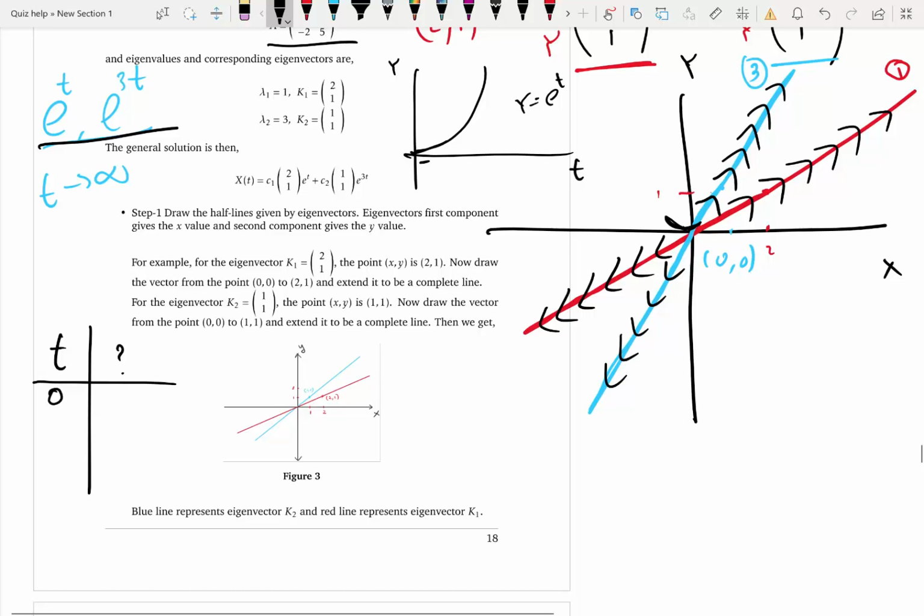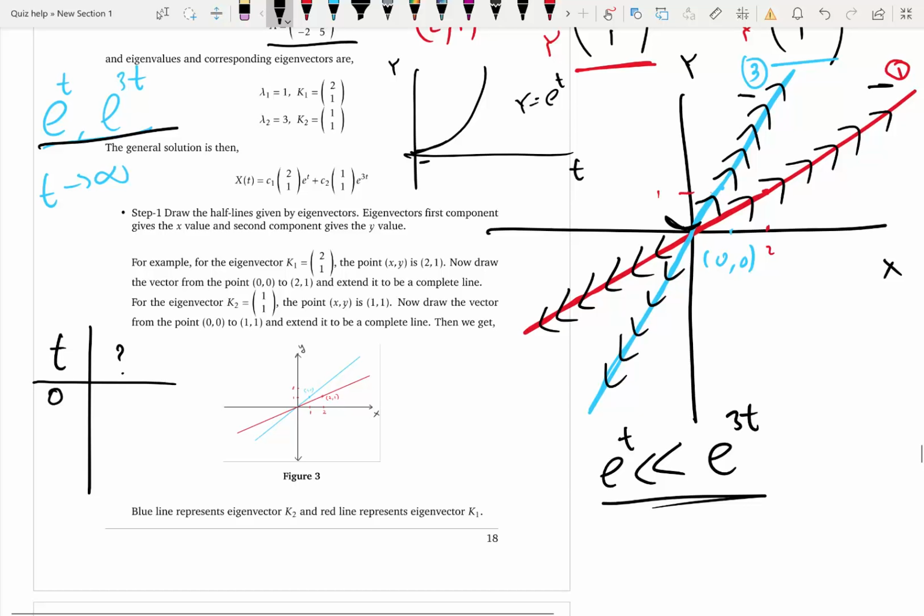But now we have two terms, e^(3t) and e^t. Later, when time is very large, which one will the solution curves resemble, going parallel to it? e^(3t). Do you see why? 3 is a larger number than 1, so e^(3t) is exponentially larger than e^t. It's the dominant one when t is large.